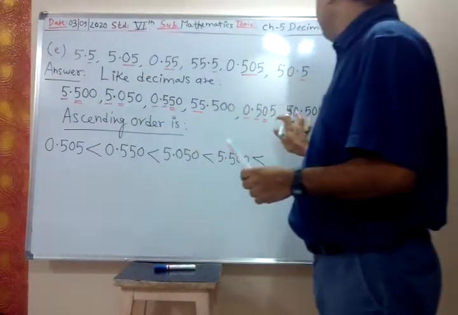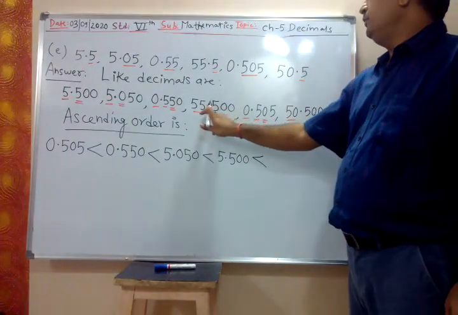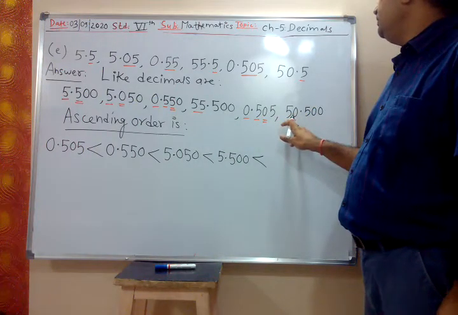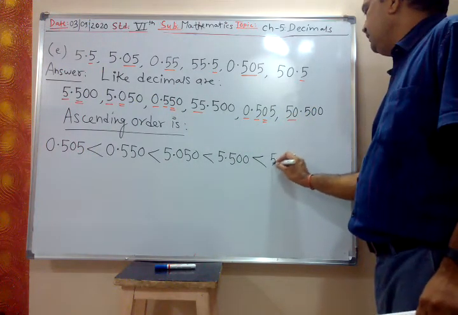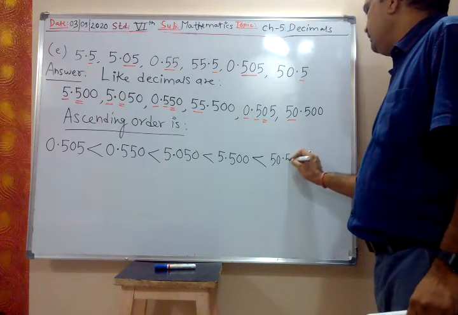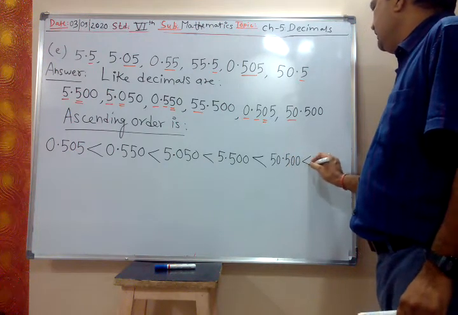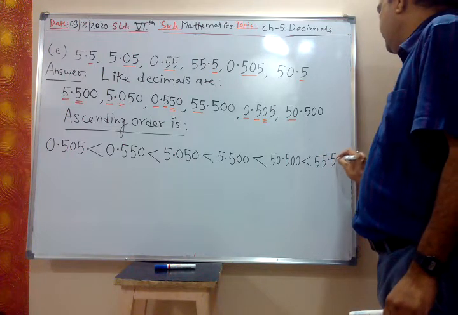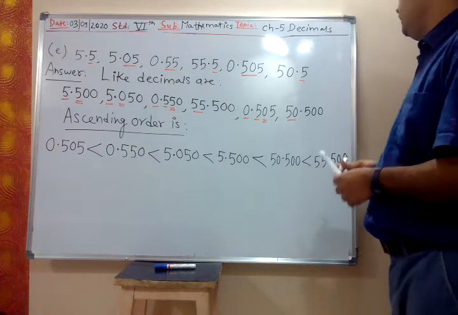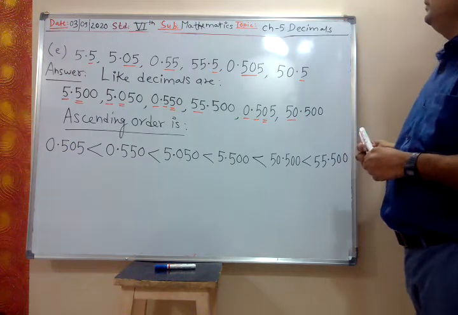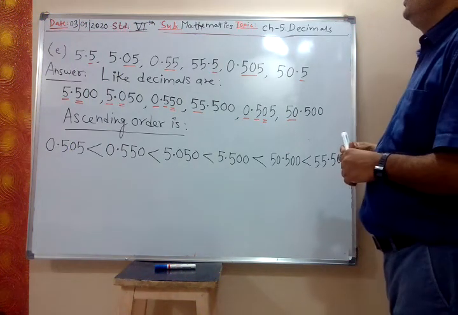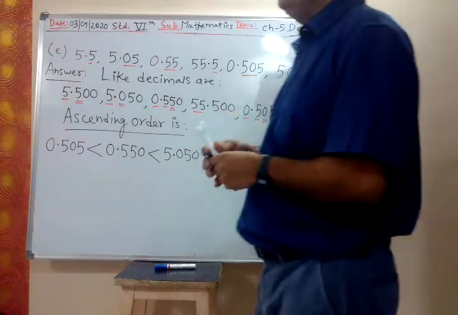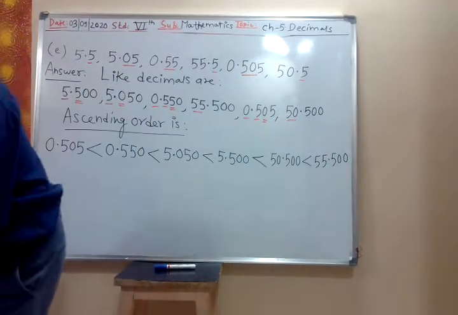Now 55 and 50. Before the point it is 55 and it is 50. Which is smallest? 50. So 50.500 is less than 55.500. So in this way we have arranged the numbers in ascending order.